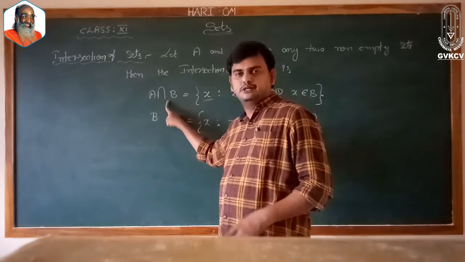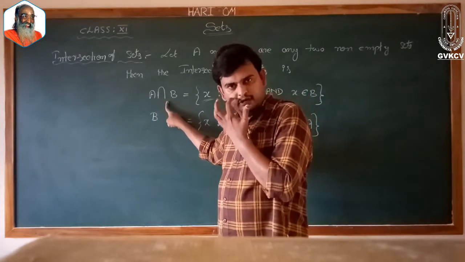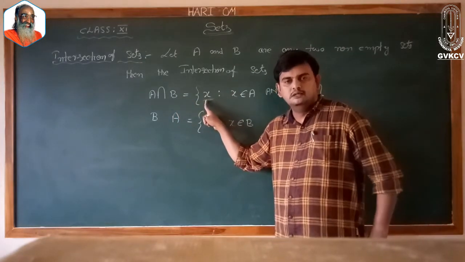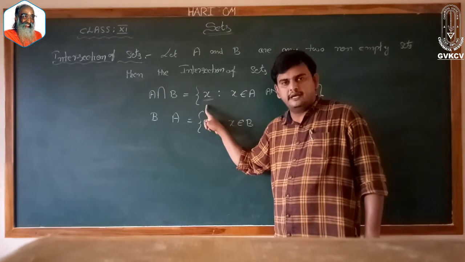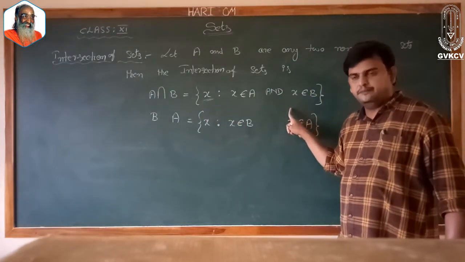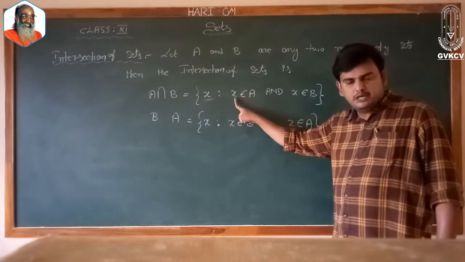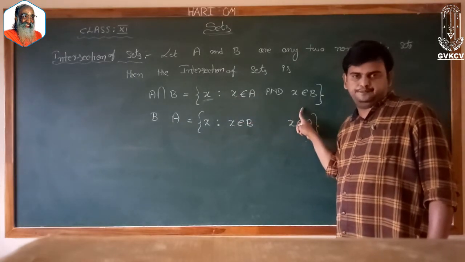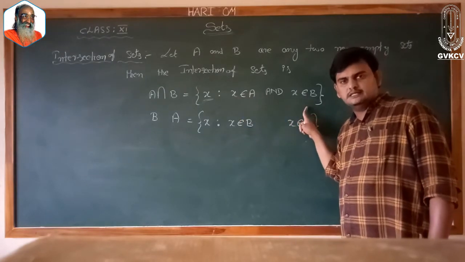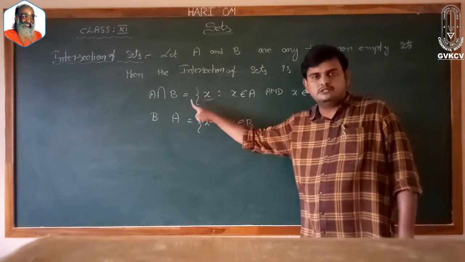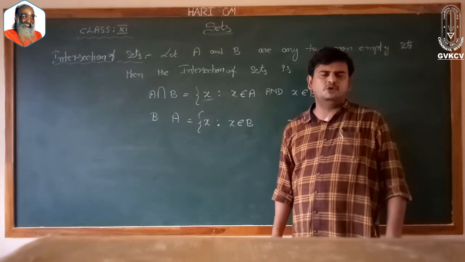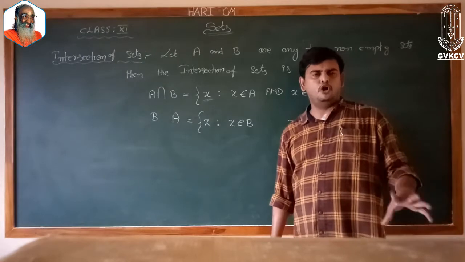So in A intersection B we have an element X. How do we get this element X? X must be in A and X must be in B. So X has to be in both set A and set B. Then only it comes under intersection. This is about A intersection, which is just collecting the common elements.